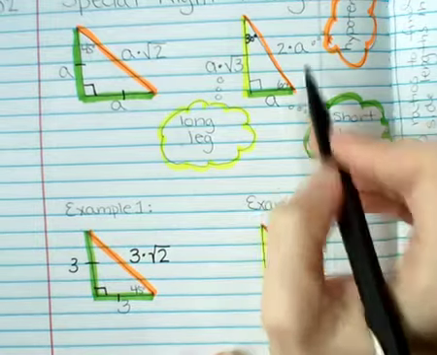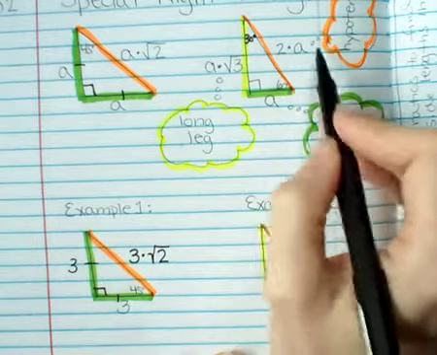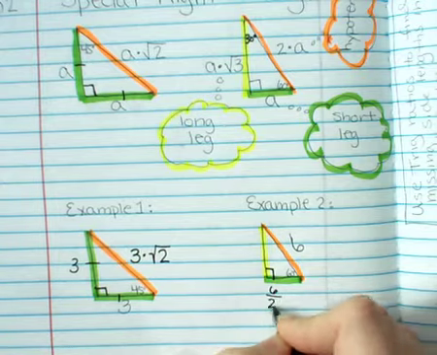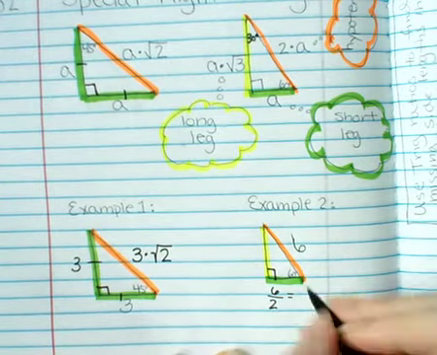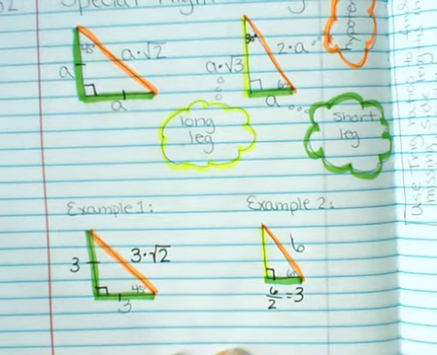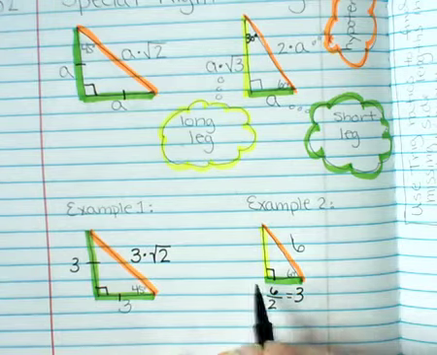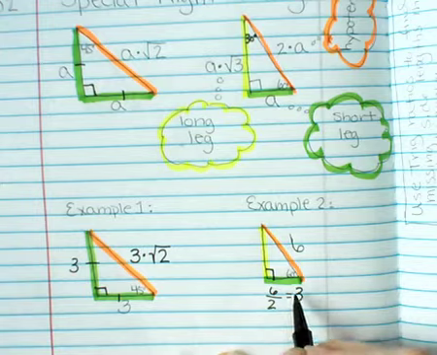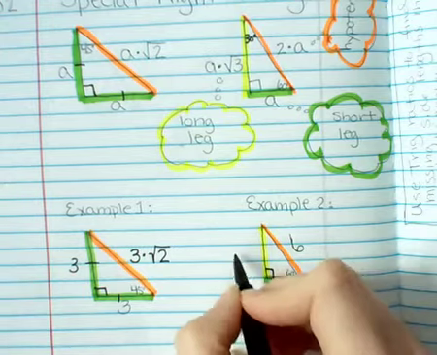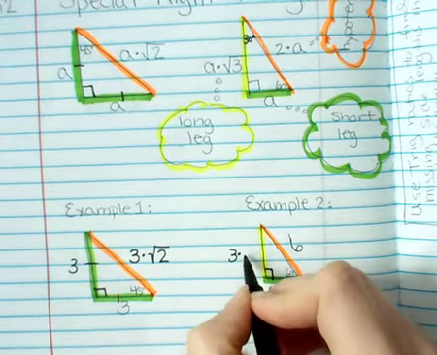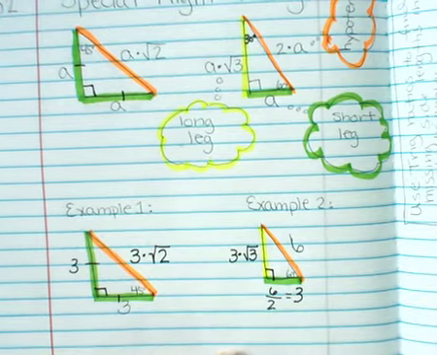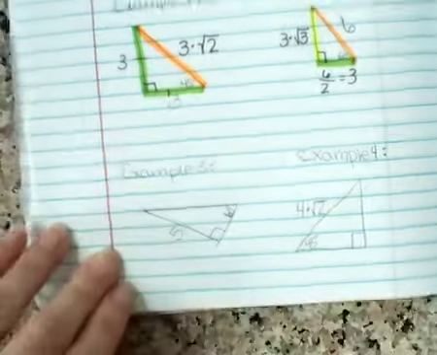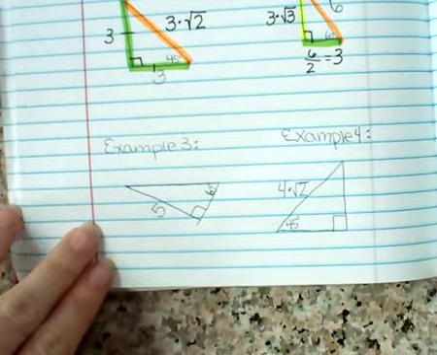So to get back to our short leg, we're going to have to divide that number by 2. So this short leg is going to be 6 divided by 2, or 3. Now that we know the short leg, we can find the long leg by taking the short leg times the square root of 3. So this long leg is 3 times the square root of 3. And then you're done.